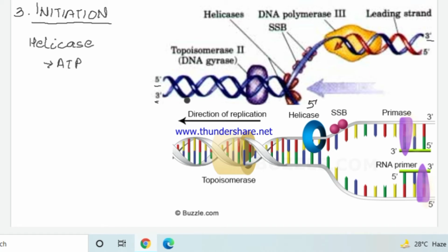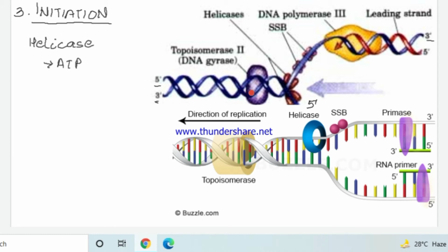The separated strands become stabilized in this condition with the help of SSB proteins. So, helicase comes and unwinds the strands. The strands are stabilized by SSB proteins, and the topoisomerase, which is known as DNA gyrase in prokaryotes, relieves the tension between the 2 strands developed due to unwinding.